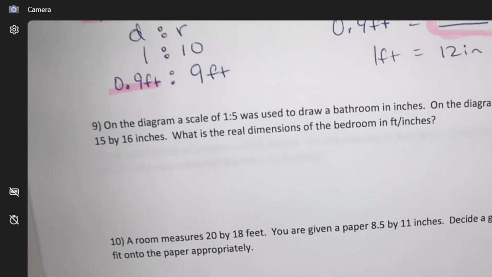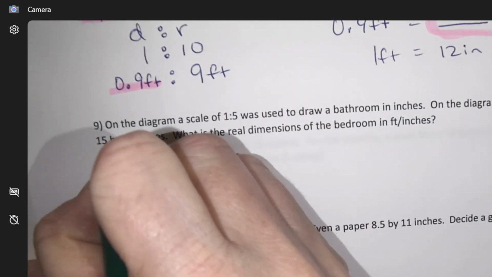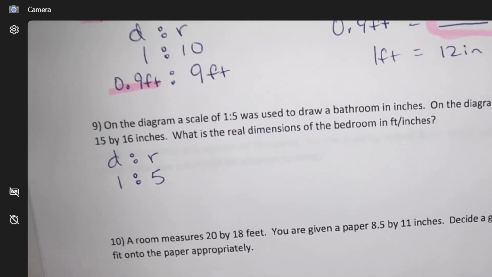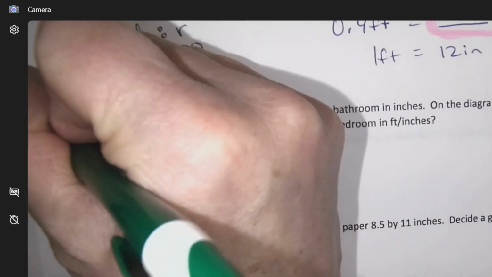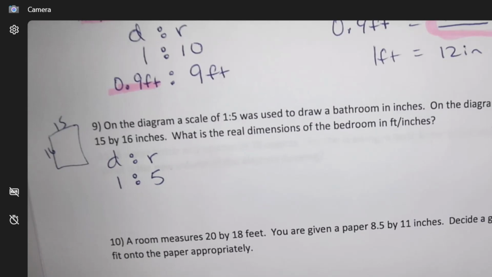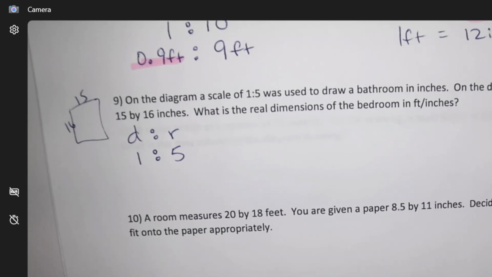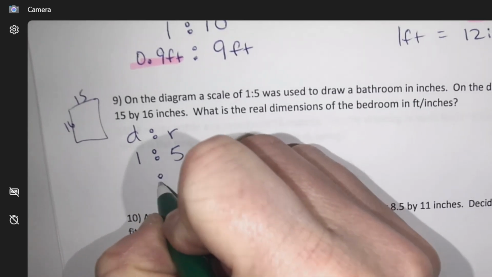Okay, so we were designing a bathroom and we used a 1 to 5. On the diagram, we drew the bedroom as 15 by 16 inches on the paper. So what is this in real life? So I'm going to take this separately.